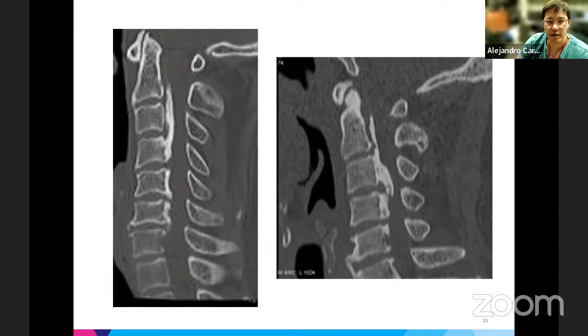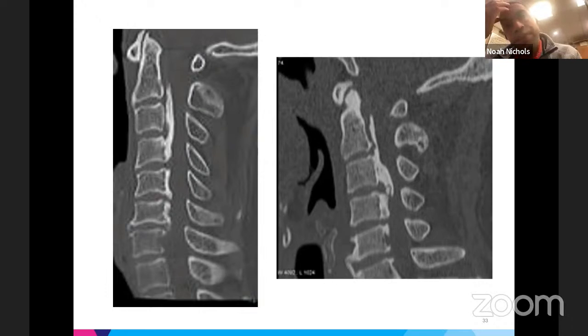And what strikes you about the CT scan, Noah? Looks like the posterior ligament is severely ossified. So this is consistent with OPLL.